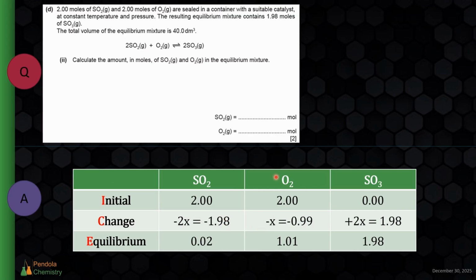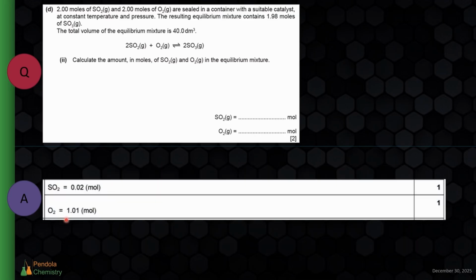And that's how we use an AICE table in order to solve for equilibrium concentrations or equilibrium moles for a specific reaction and set of initial data and equilibrium data. All right, so that's one way we can use the AICE tables. Let's keep going.